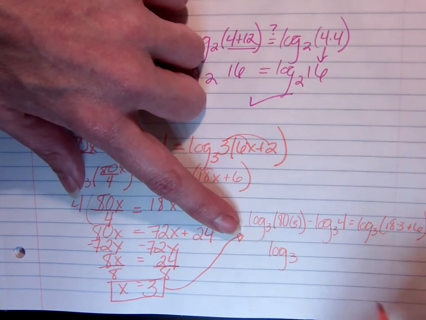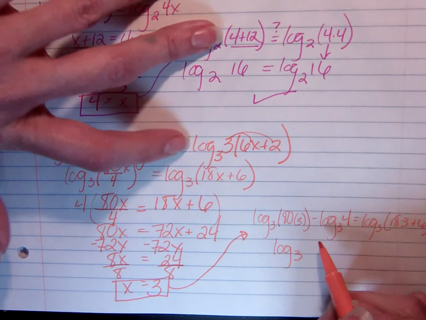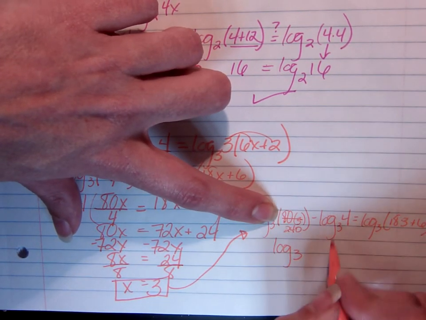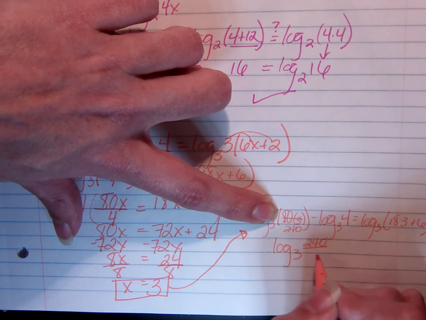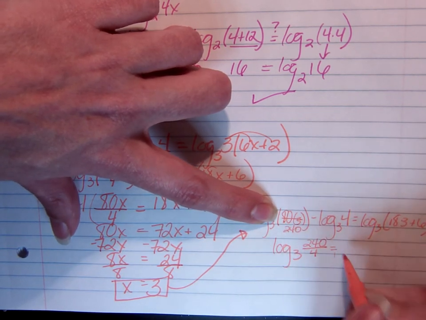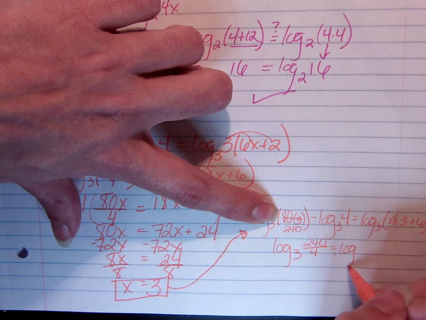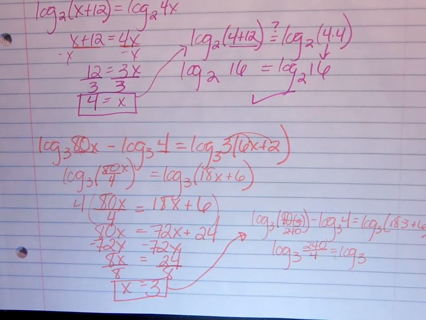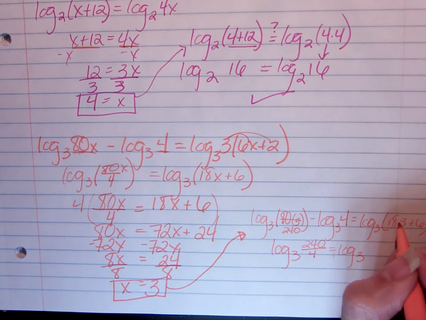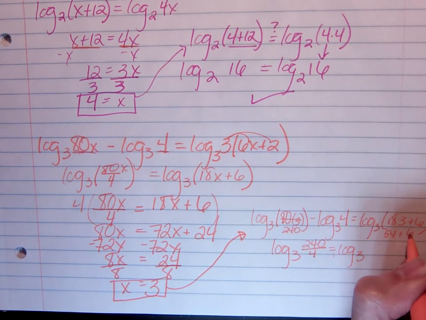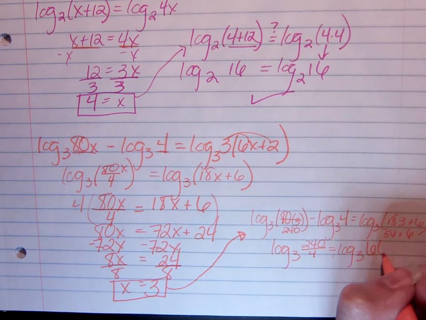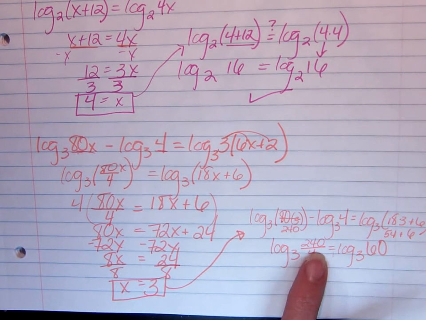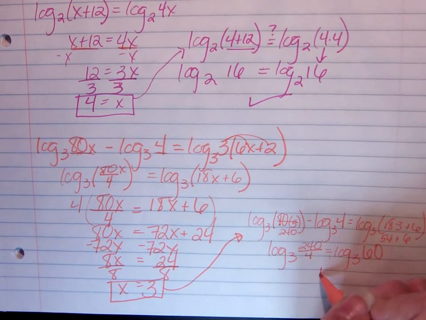Log base 3 of 80 times 3, that's 240, divided by 4 is equal to log base 3 of 18 times 3 is 54 plus 6, 60. Is that a true statement? Well, 240 divided by 4, sure enough, those are equal.